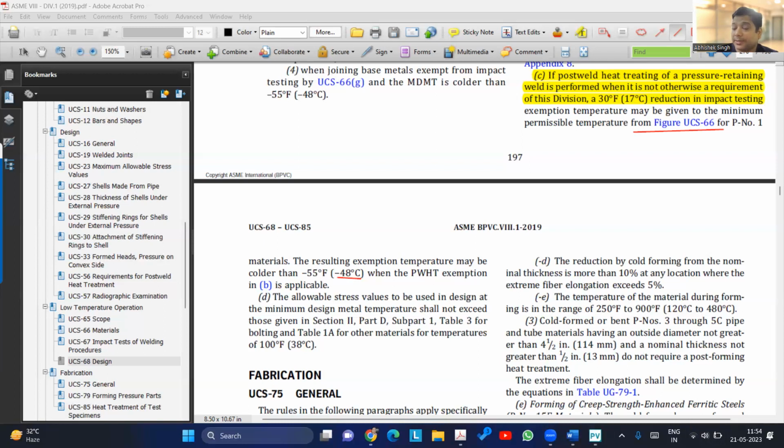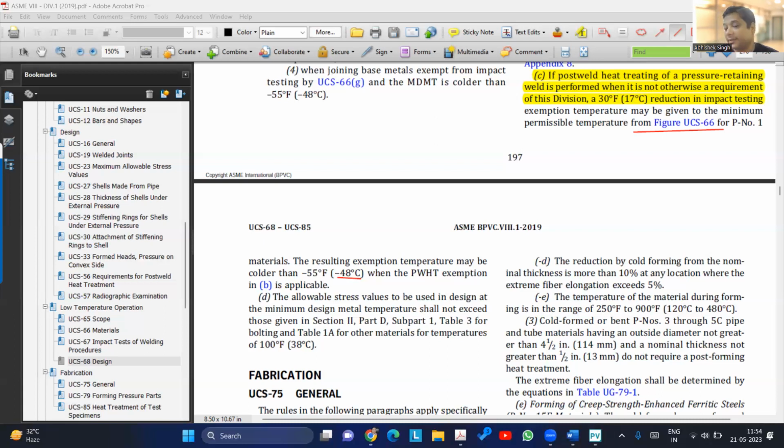Okay. So basically in RT2, what is the definition of RT2? All long seams and D joints get full radiography, and circumferential seams get spot radiography, except nozzle and chamber connections, which have different requirements.